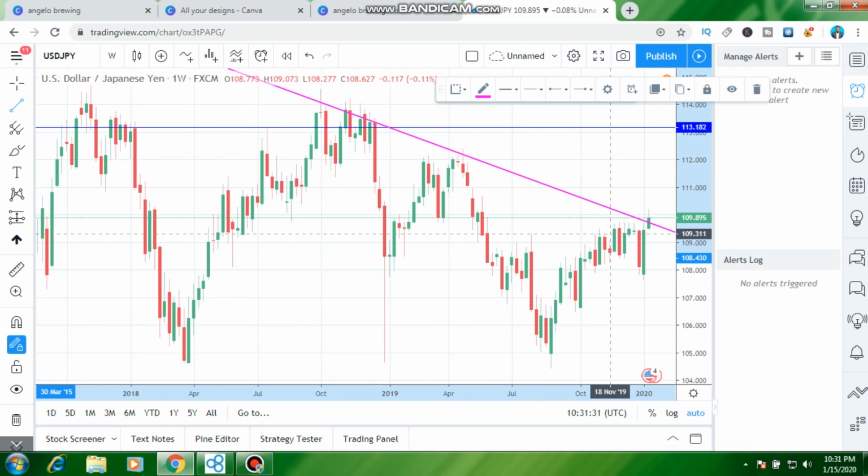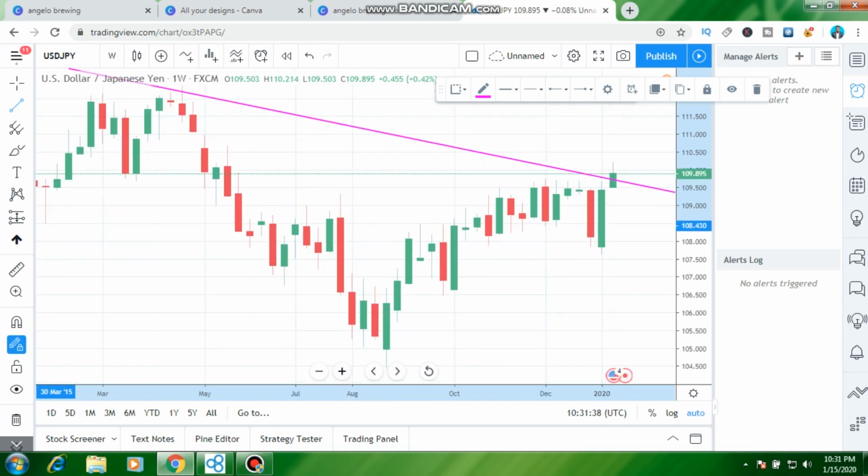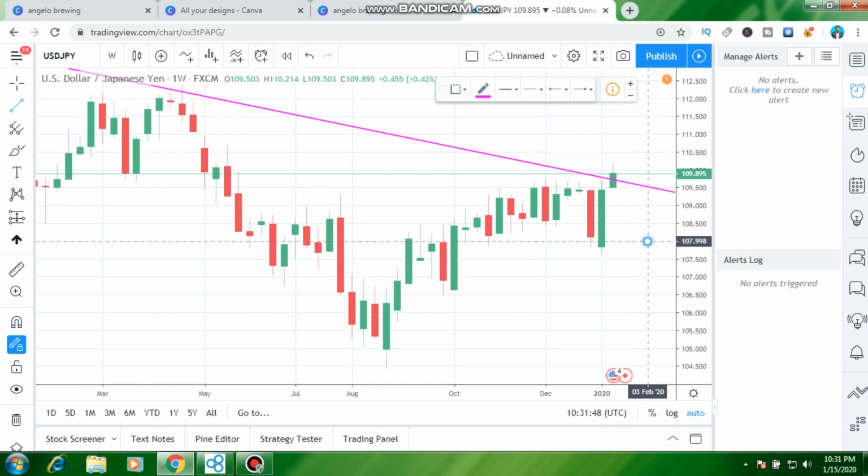But if you look critically, you will see that there is a retracement happening right now, and I'm sure you can all catch what is happening. There is a retracement on the weekly candle chart. It went all the way up pretending to break the trend, and currently we are seeing a retracement.